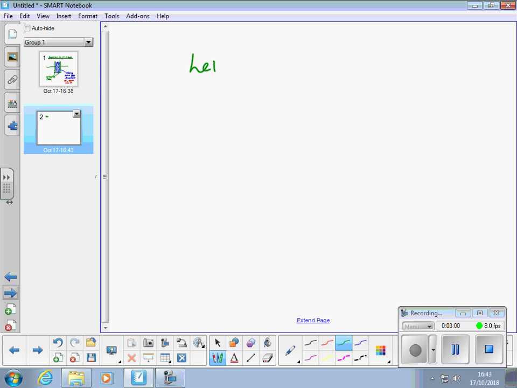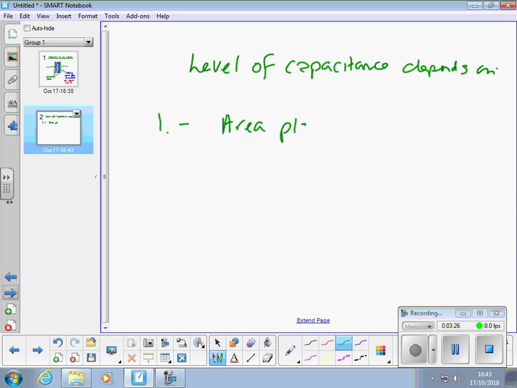The level of capacitance depends on, one, the area of the plates: larger area equals higher capacitance.